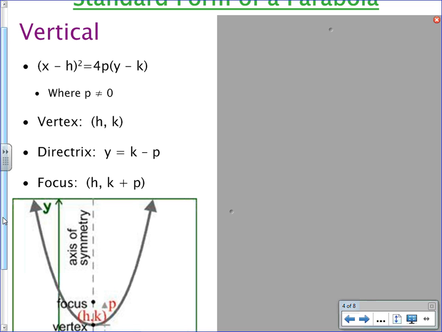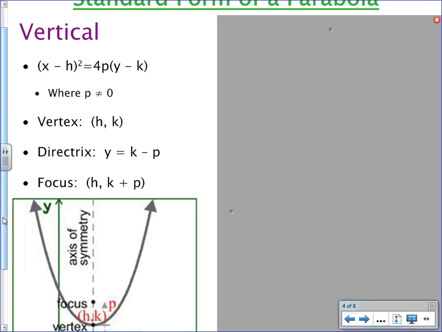That's how we identify it as a parabola: we have one variable that is squared, one variable that is not. Also, please notice this 4p, that's a coefficient. So whatever you have, if you have a coefficient, it needs to be in front of, in this case, the y minus k. And we'll talk about that as we get into examples.